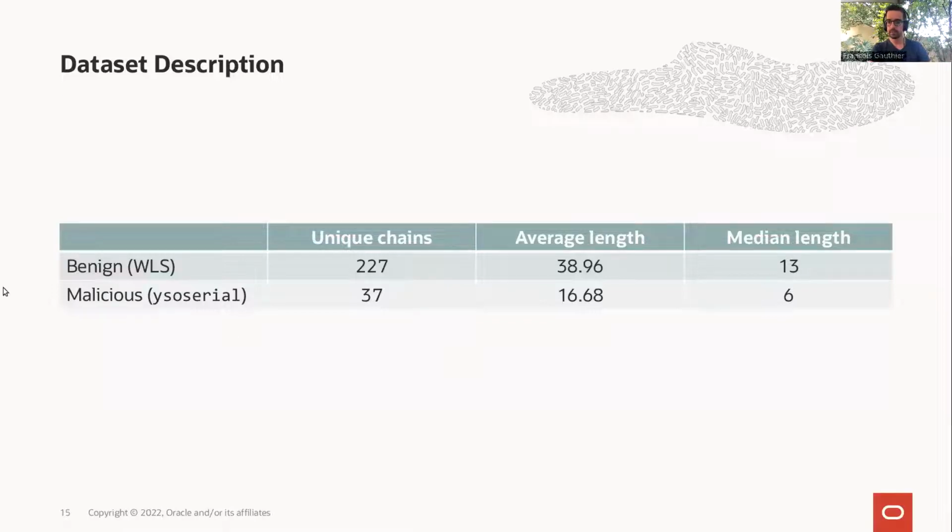So this is the data set that we could extract. The malicious one has 37 unique deserialization chains. We could extract 227 unique chains from WebLogic Server with average length of 39 and roughly 17, and median length of 13 versus.